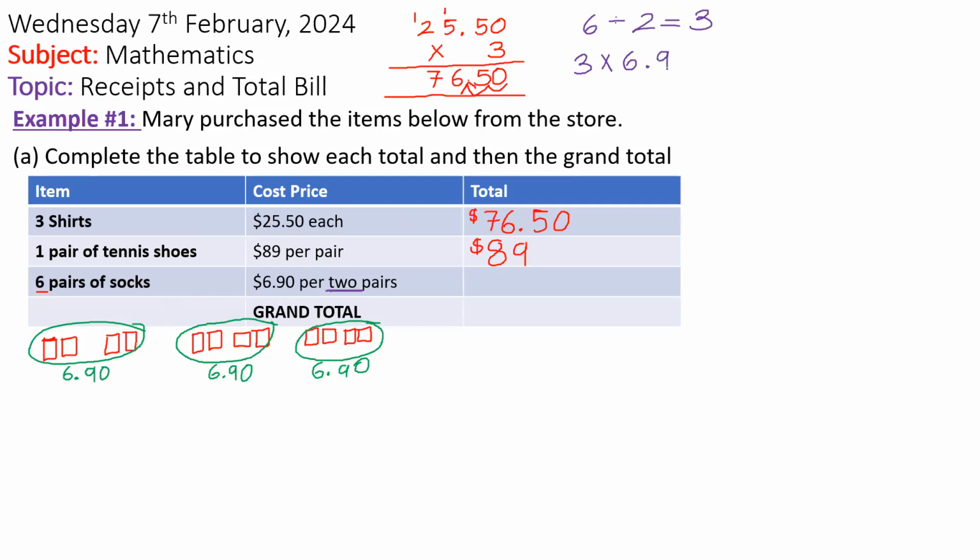What is $6.90 multiplied by 3? What did y'all get? I get $20.70. You got $20.70.